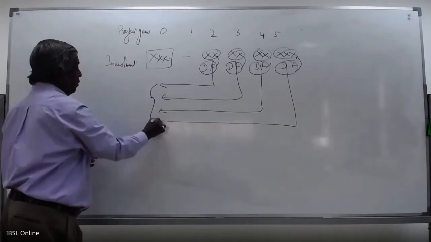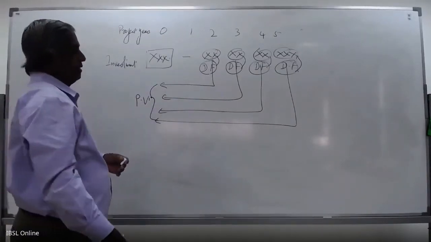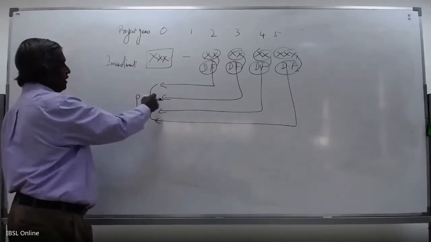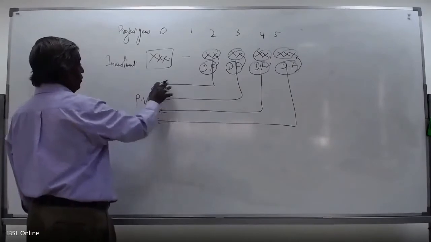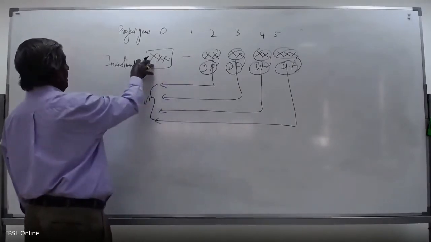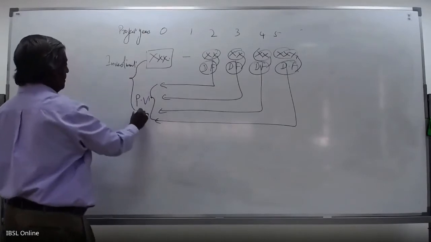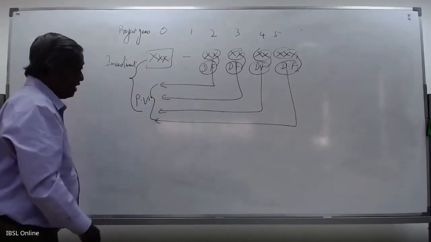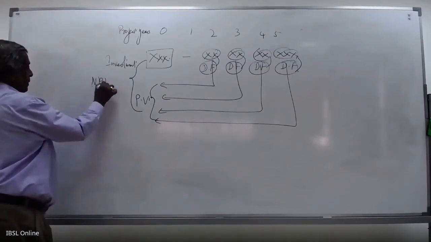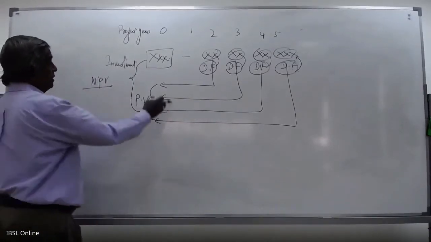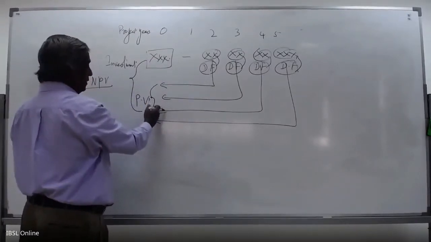This is the total present value of the income. Then you will get the total present value of the income and the investment, which is already in present value. What is the difference, whether it is positive or negative? We call it NPV, net present value, the net of this investment and income in present values.